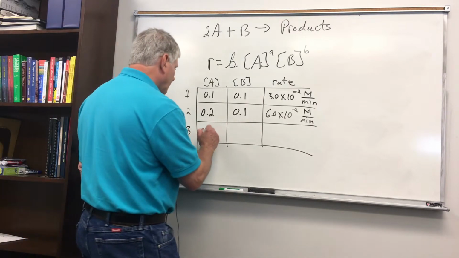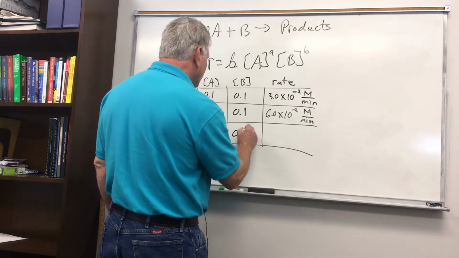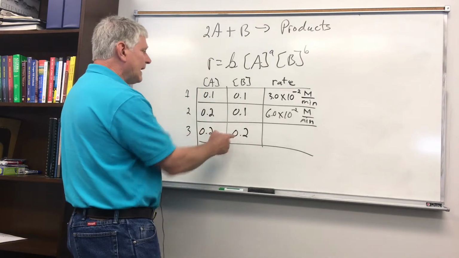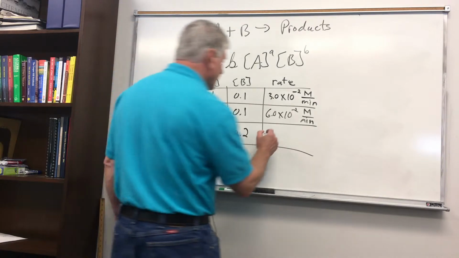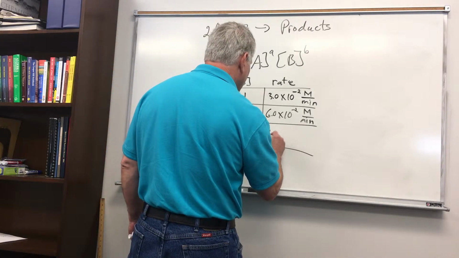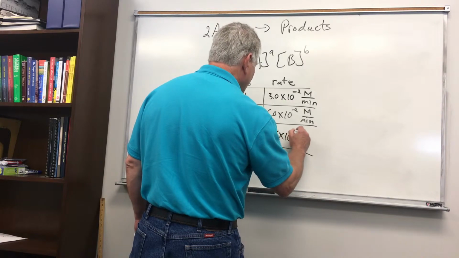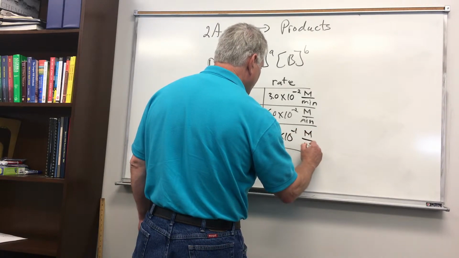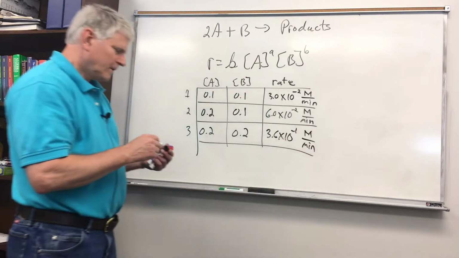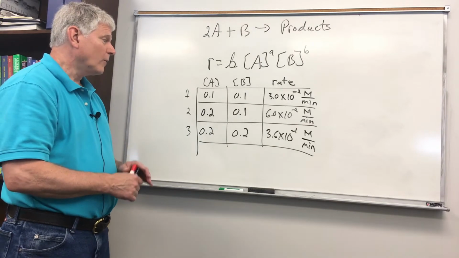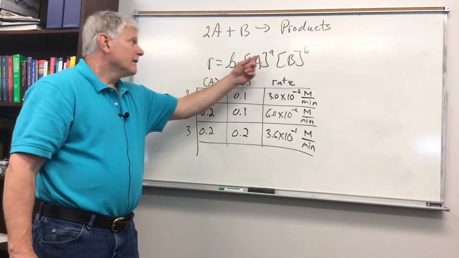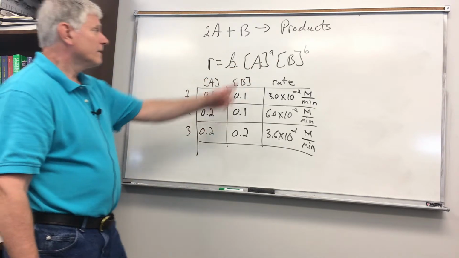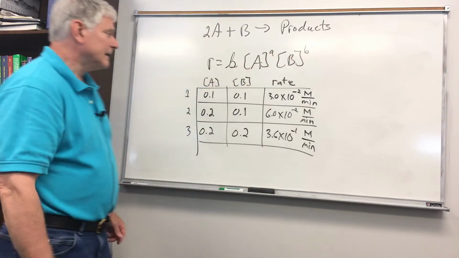And then we double the concentration of A and B, and we measure the rate as 3.6 times 10 to the minus 1 molar per minute. So this will allow us to find the exponents a and b.